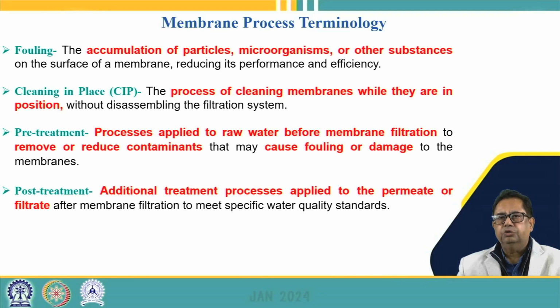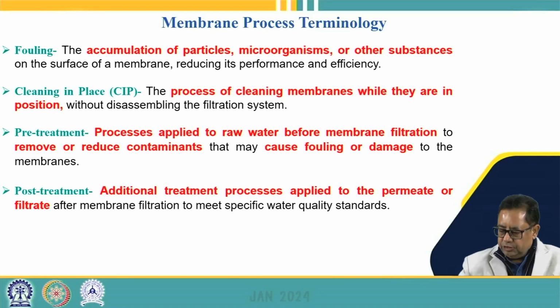So this may reduce the efficiency and performance, and it will also reduce the flux passing through the membrane. Fouling is a matter of concern, because it will not only reduce the life of the membrane, but also increase the cost of treatment using the membrane process. So that's why we always try to reduce fouling to a great extent, so that the efficiency of the membrane process does not go down.